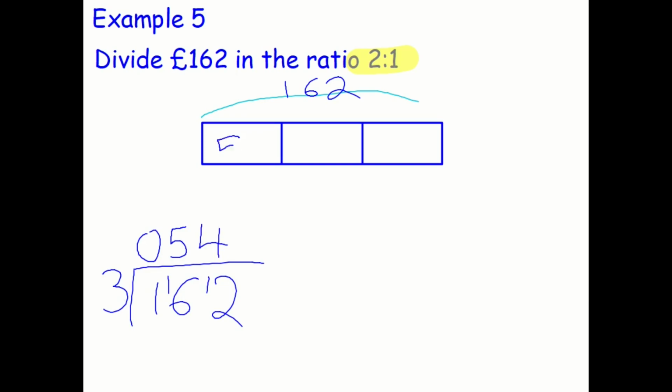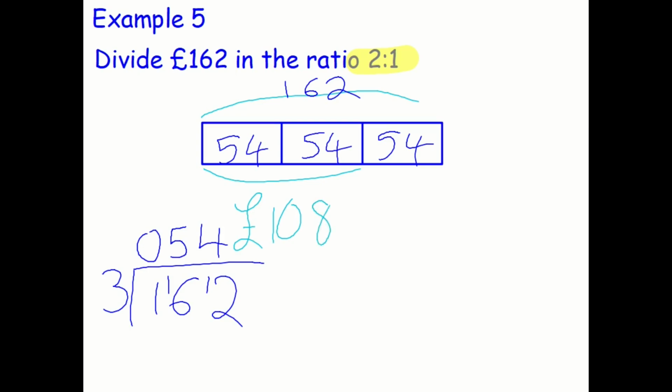So 54 is in each box. If I'm splitting it 2 to 1, 2 of those boxes make 108, and that box there is just going to be 54. So my final answer is 108 to 54.